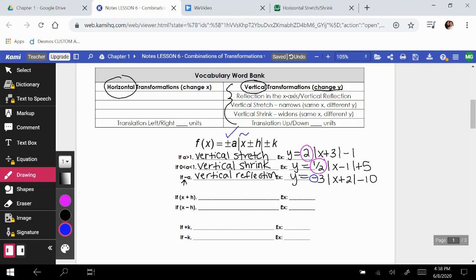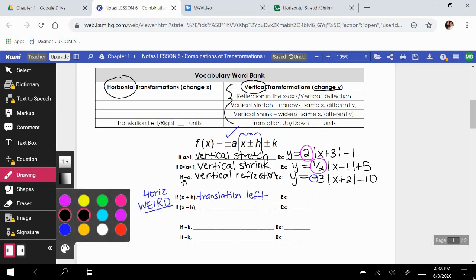Now we're going to move inside the absolute value bars. Remember, anything inside the absolute value bars is a horizontal transformation. It's almost opposite of what you think, right? Horizontal transformations are weird. X plus h is going to be a translation left h units.